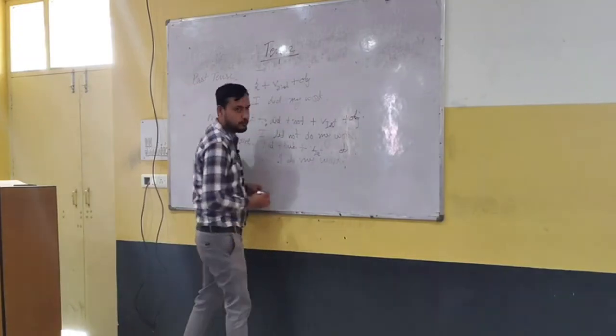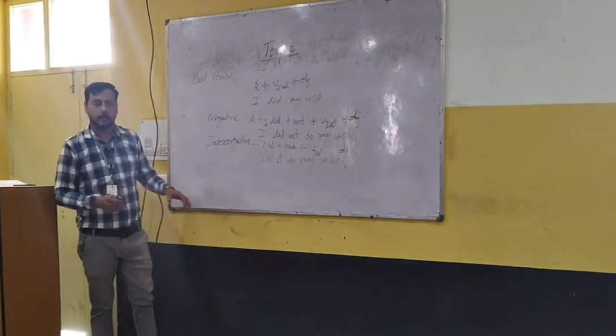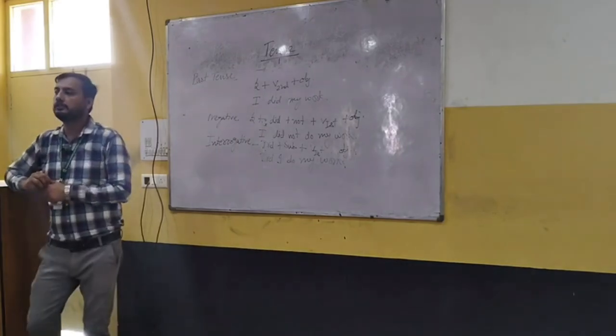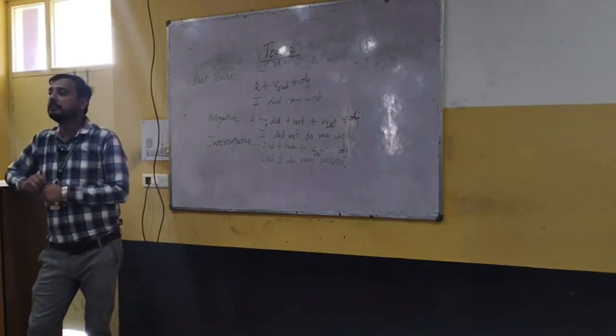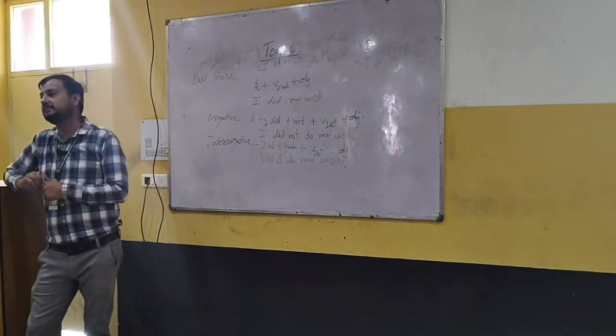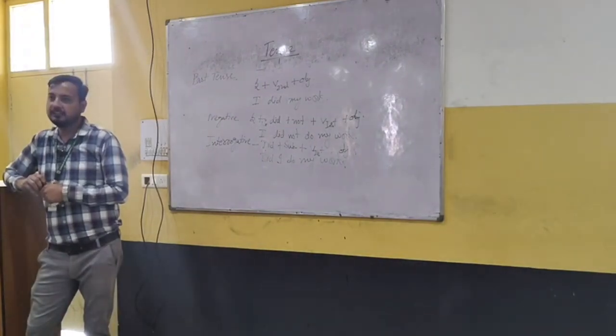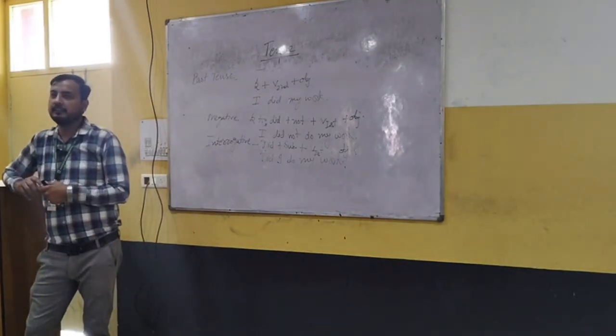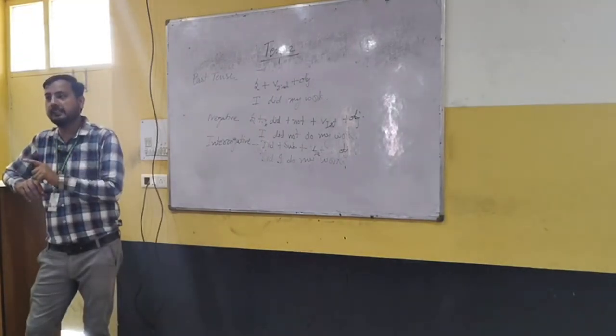Clear? Now if I say it like this, "क्या मैंने अपना काम किया?" How will you say it? Did I do my work? "क्या मैंने कुछ कहा?" Did I say something? No, I didn't say anything.